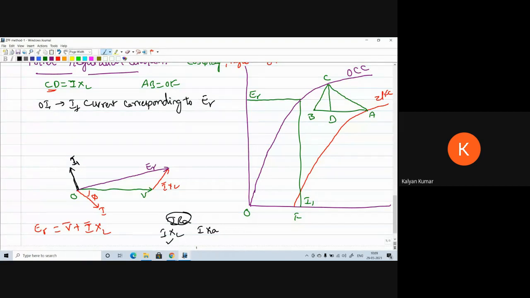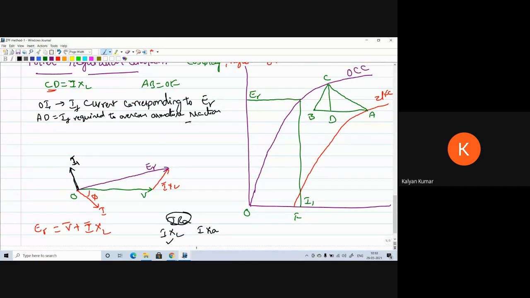Since we do not know the armature reaction drop in terms of voltage, this AD represents the field current required to overcome the armature reaction.